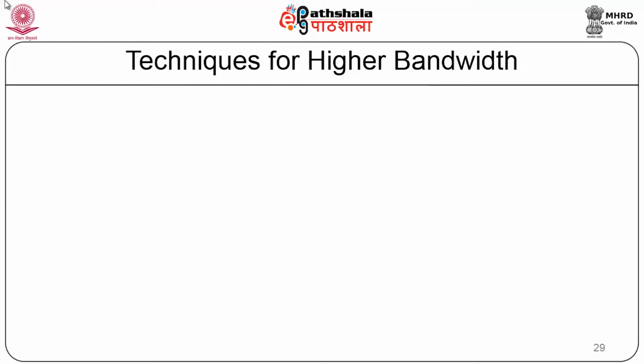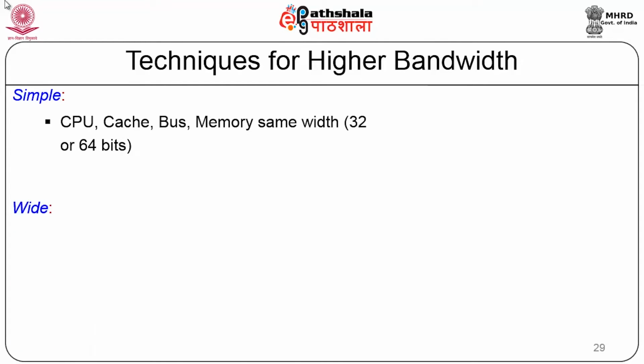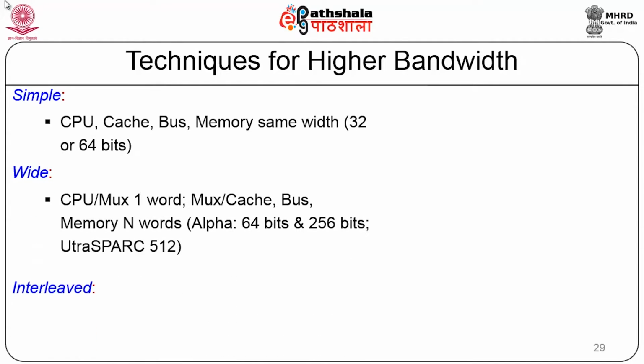We are done with the concept of virtual memory, and we will just see what are the various techniques that are available to increase the bandwidth of main memory. Normally when you look at main memory, you can look at a simple organization, where your CPU, cache, bus and memory all operate at the same width, say either a 32-bit transfer or a 64-bit transfer. That is the normal case.